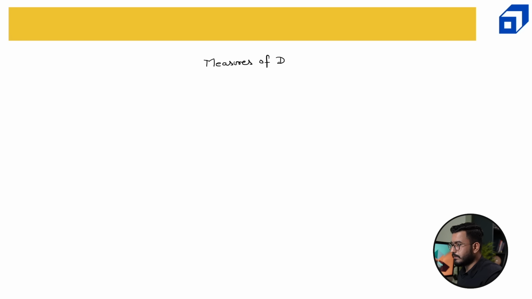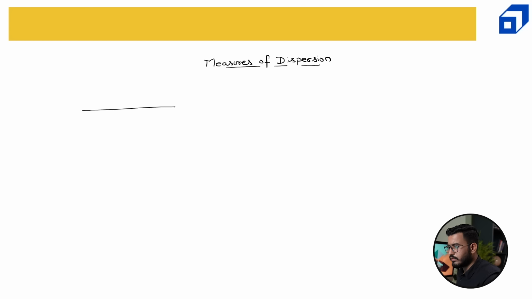Measures of dispersion. Now my objective is to find out how far the data points are from the central point. So let's say I'm having a particular number line and this is the center of the data, and I'm having data points which are very far away over here.